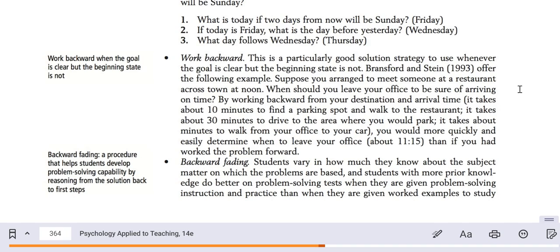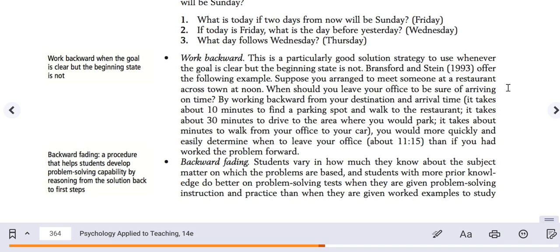It takes about 30 minutes to drive to the area where you would park. It takes about so many minutes to walk from your office to your car. You would more quickly and easily determine when to leave the office, about 11:15, than if you had worked the problem forward.